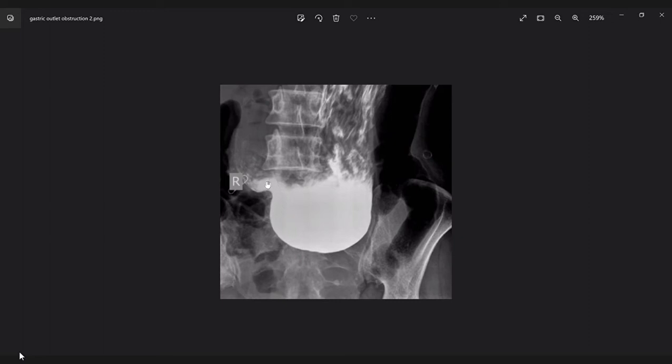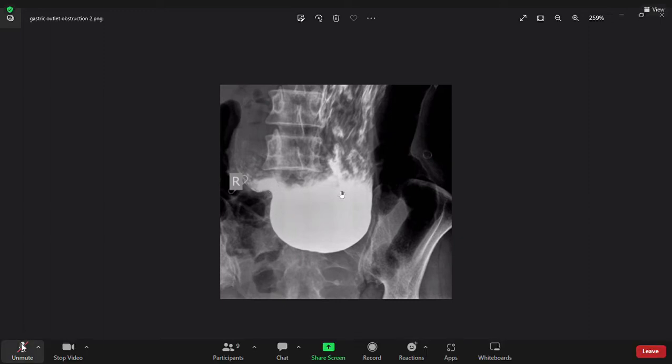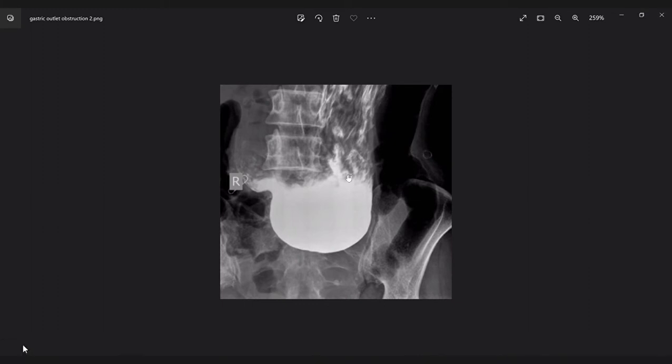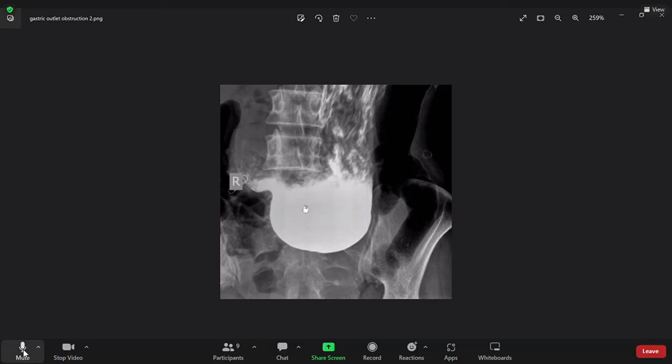So what sort of electrolyte imbalance do you think these patients would present with? Okay, but give me the basic ones before you get into the high-tech stuff. What sort of electrolyte imbalance from these days, weeks, months of vomiting?